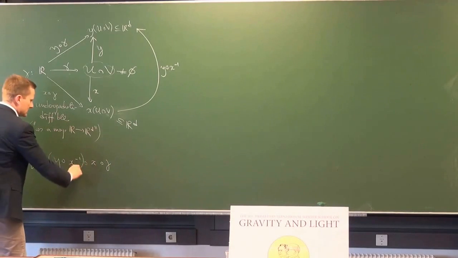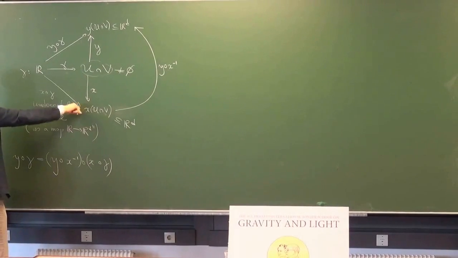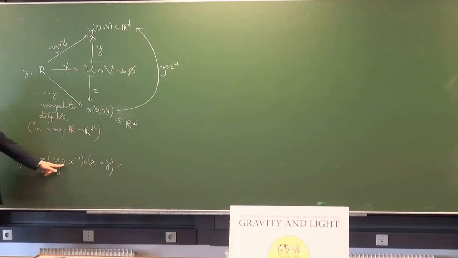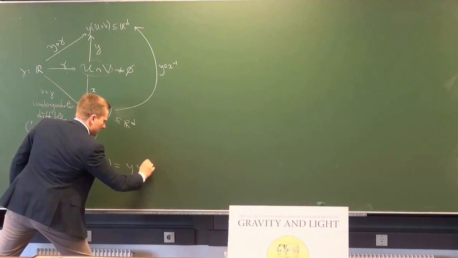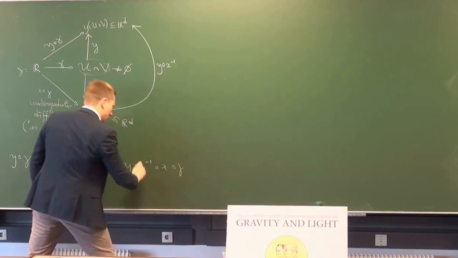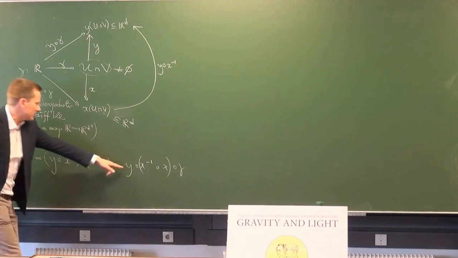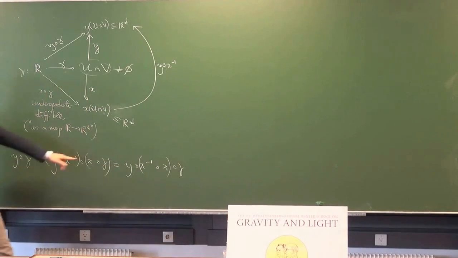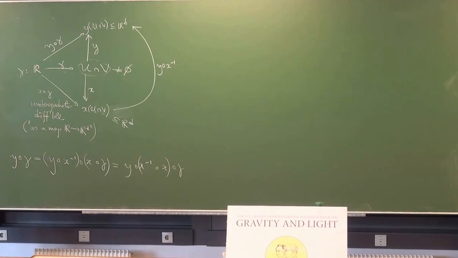You can read it this way. This is this one after this one. But of course the composition is associative, so you could write y after x inverse after x after gamma. You can think of it this way. Then you see, oh, it's really this guy here by inserting the identity. Whatever way you think about it, this is all true.